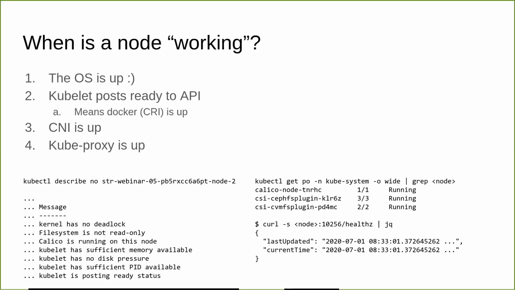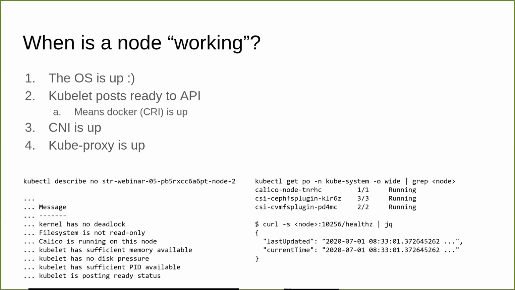Now, specifically for clusters at CERN, and usually now you get Calico by default. And as you can see here, we have the Calico node that is running and two storage plugins. One is CSI CephFS and one CSI CVMFS. And at the bottom, I just realized that it's not trivial to report for kubelet, but if you curl the healthz port, you can check even by hand if kubelet is replying.